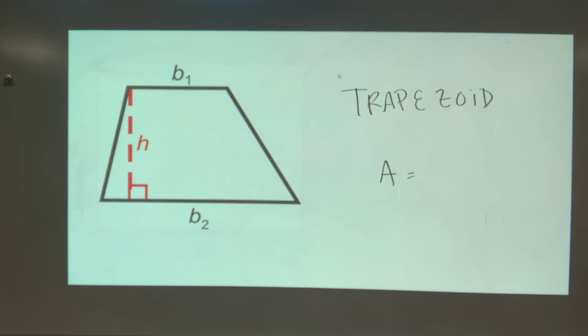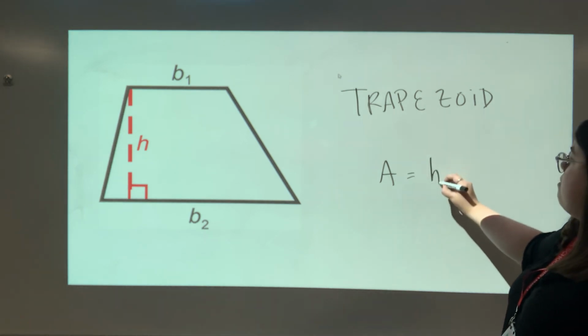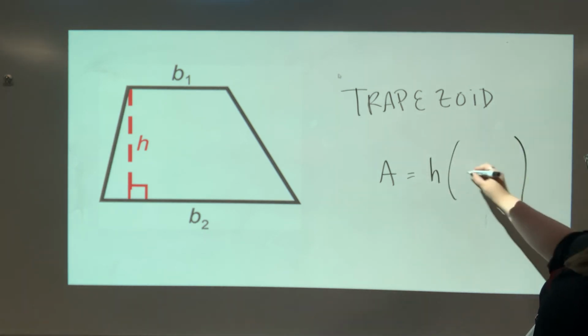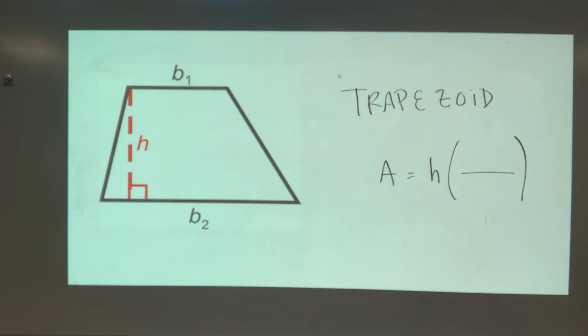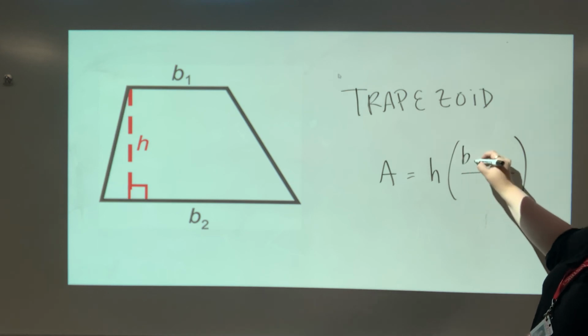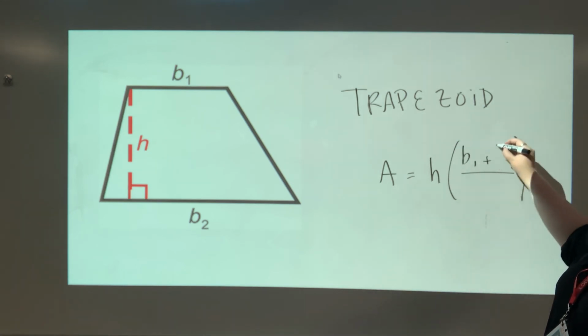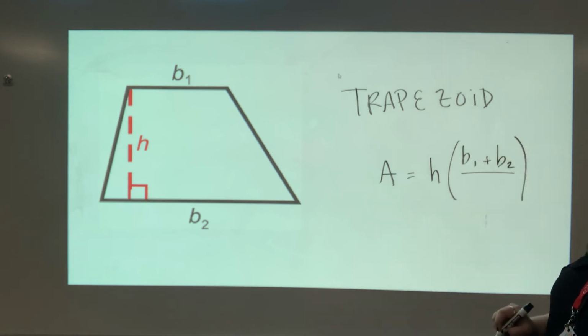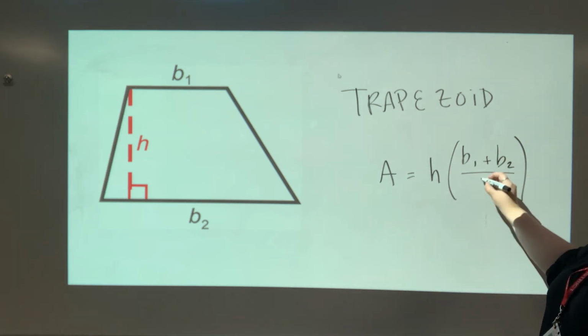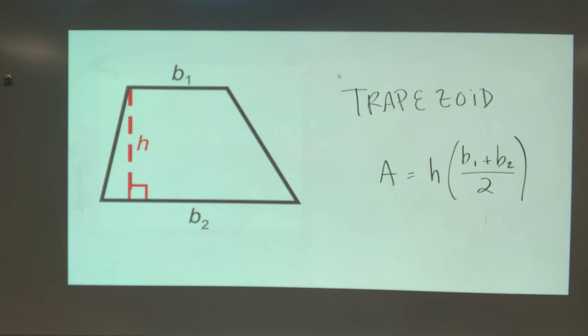You're going to take the height and you're going to multiply it by the bases added together divided by 2. All right, so B1, which we could just say is the top base, plus B2, which is the bottom base, divided by 2, okay?